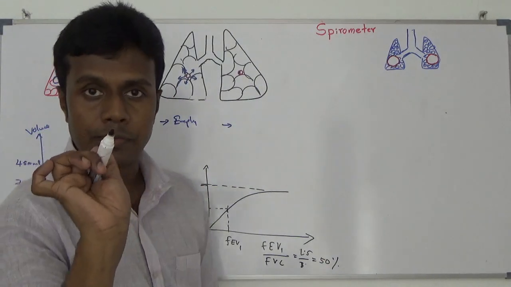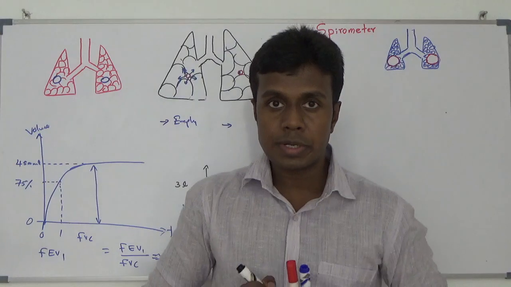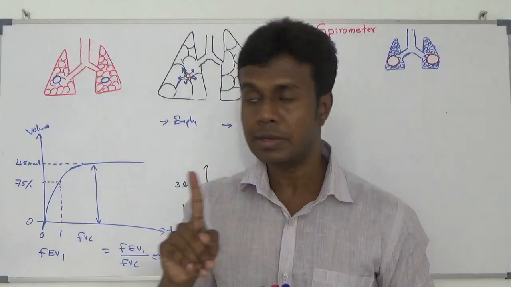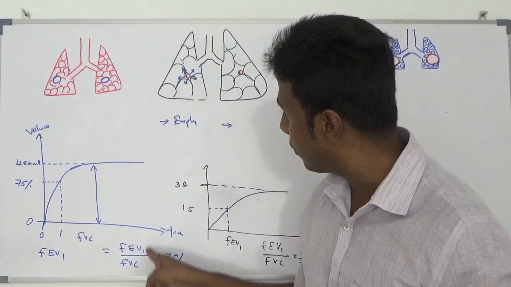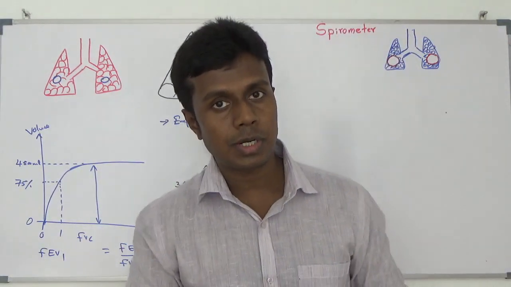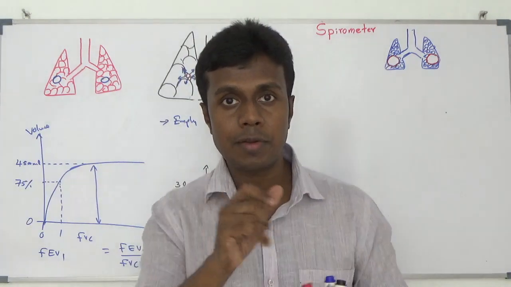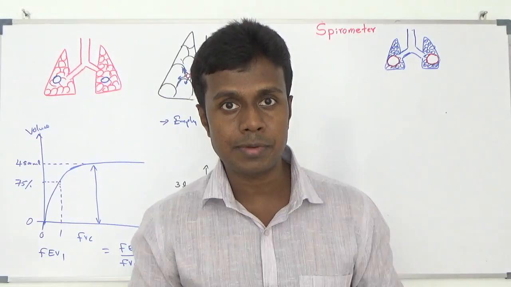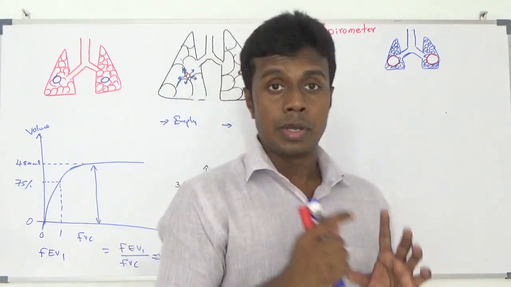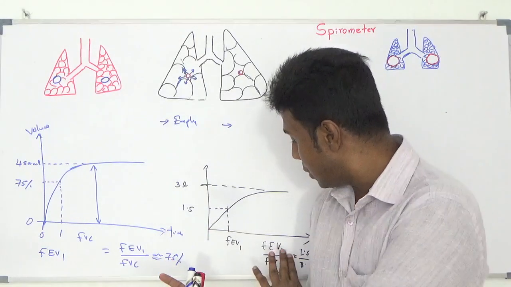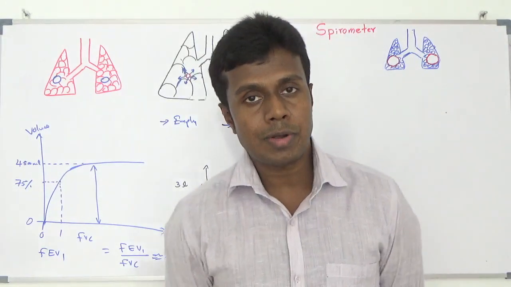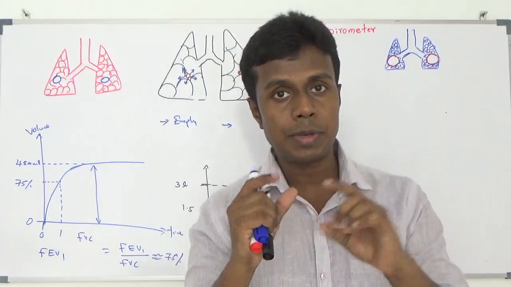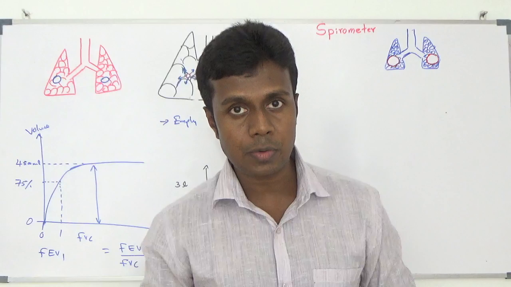If you find a patient with FEV1 divided by FVC less than 75%, your patient may have chronic obstructive airway disease, or airway obstruction at the time we are measuring. It may be due to bronchial asthma even. So if you find a patient with reduced FEV1/FVC, you should be aware your patient has some kind of airway narrowing.